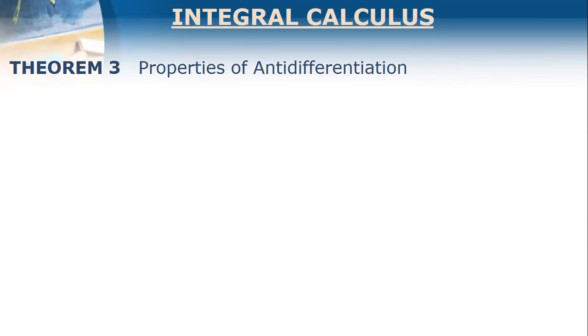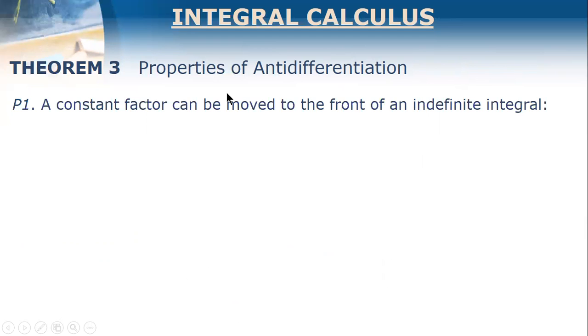Okay. And we also have theorem number 3, properties of antidifferentiation. The first property is a constant factor can be moved to the front of an indefinite integral.